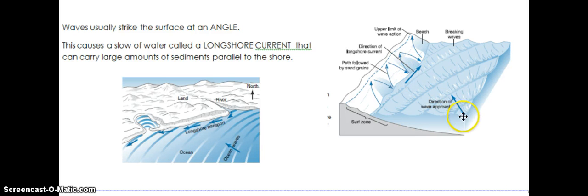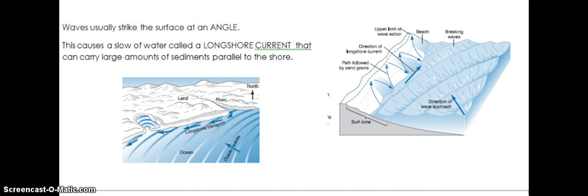What's going to happen is these waves come in at an angle, and again they're getting their energy from the wind, and they're going to come in and then carry that sediment back out, and as they carry it back out they're going to come back into this sideways moving stuff, so they're going to carry it down again and then back out, down again and back out. So we're getting this longshore current across in that surf zone.